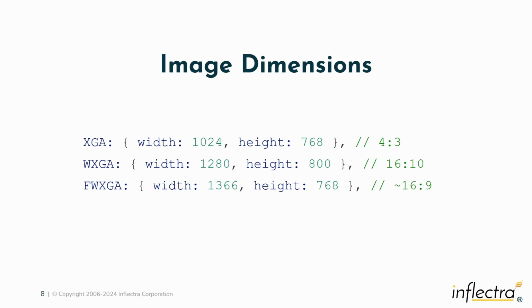So we want to fit it into one of the following dimensions. All right, so I will choose the first one, 1024 by 768. It fits best on my screen, so let me proceed with that.